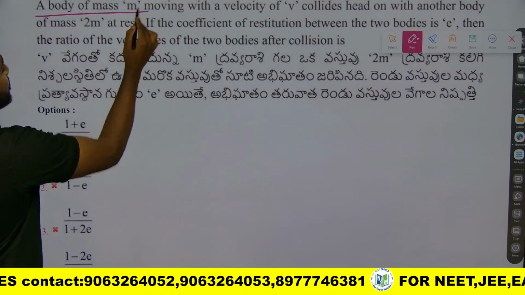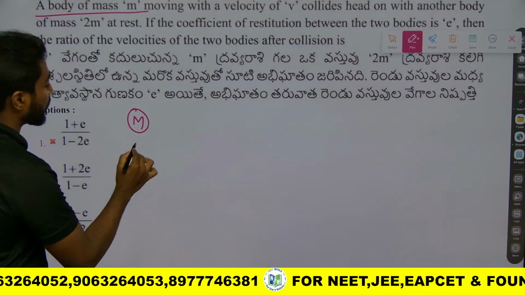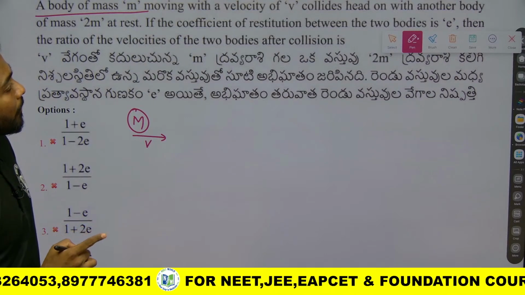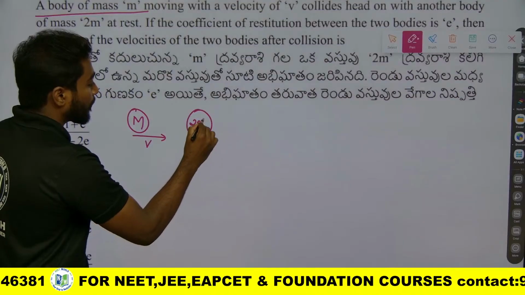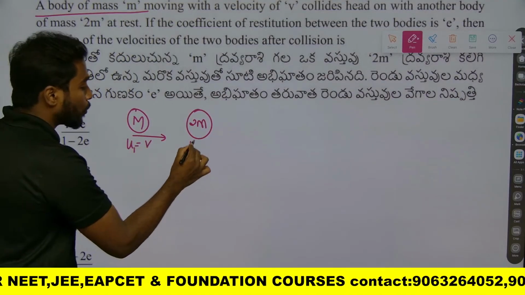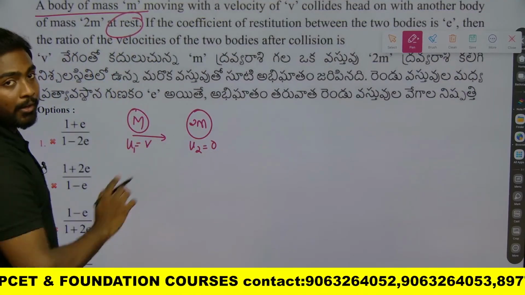So, a body of mass m moving with velocity v collides head on with another body of mass 2m. So this is 2m, and this is the initial velocity. u1 is v, u2 is given as 0. See, it's at rest now, it is 0.